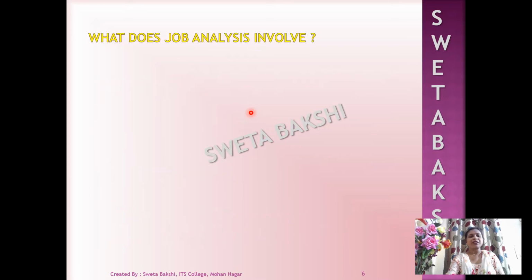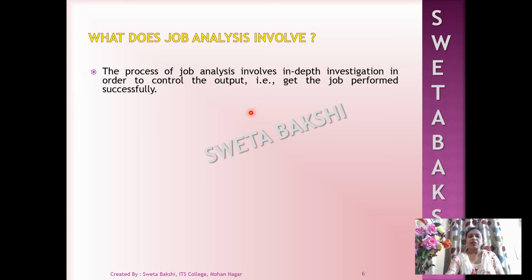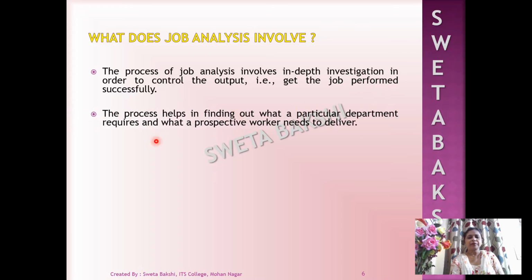What does job analysis involve? The process of job analysis involves in-depth investigation in order to control the output, that is, get the job performed successfully. The process helps in finding out what a particular department requires and what the prospective workers need to deliver.